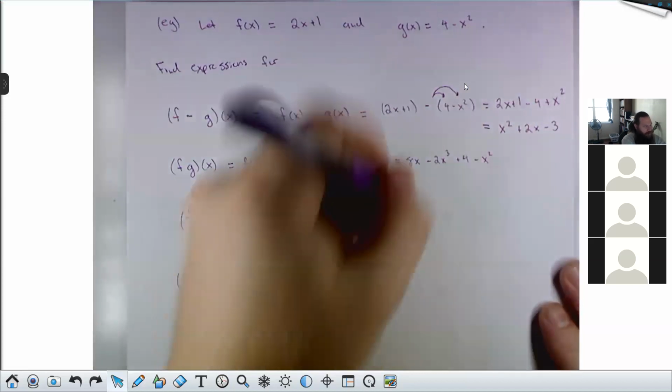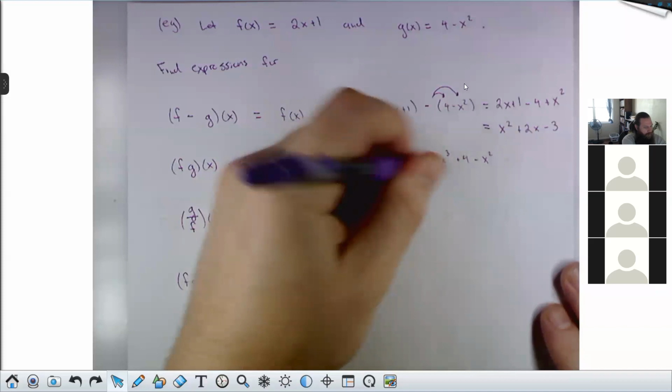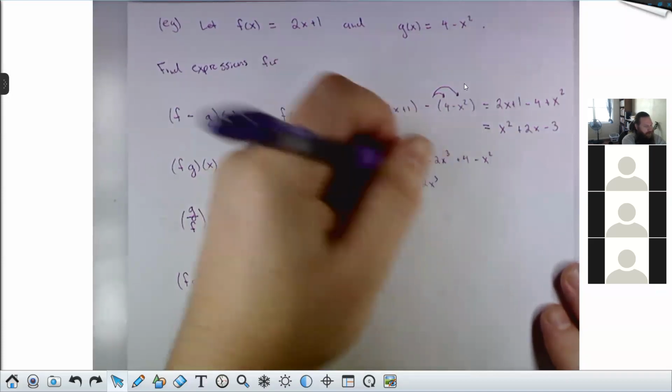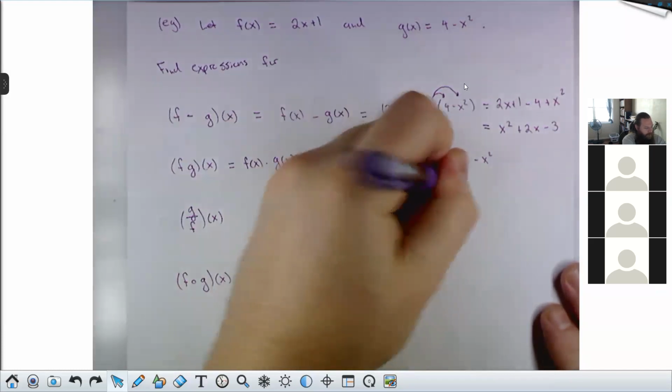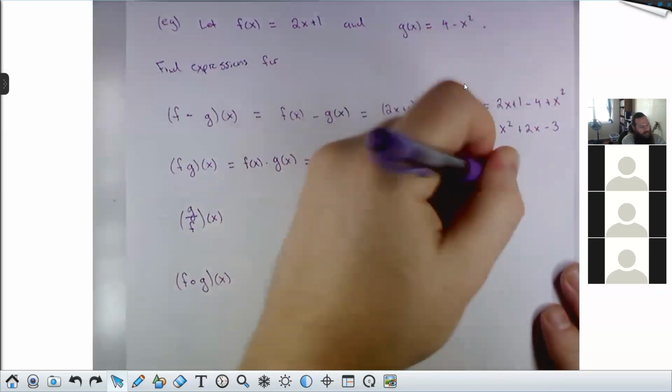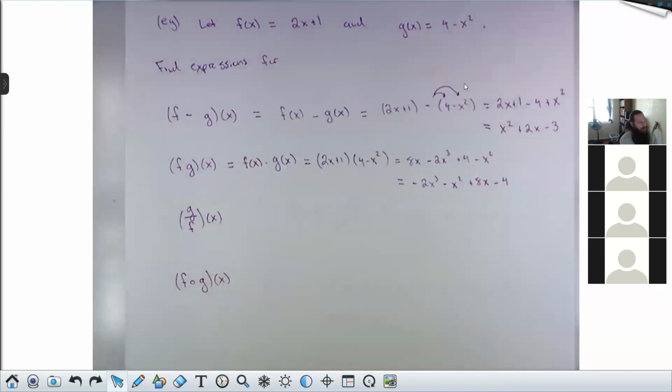And like the previous one, we can rewrite this in standard form with the dominant term up front. So this would be minus 2x cubed, minus x squared, plus 8x, and plus 4. So careful use of parentheses is your friend.